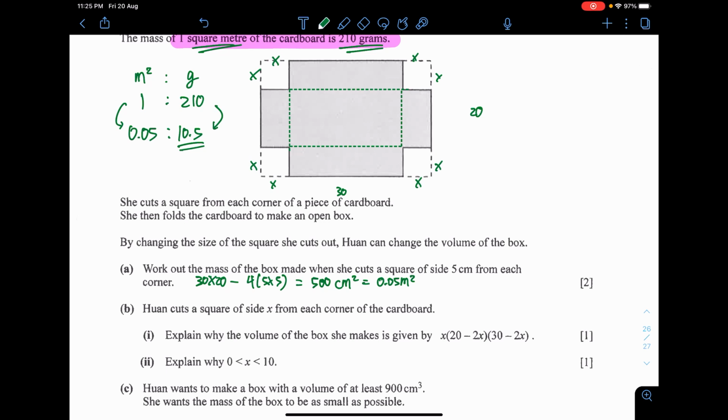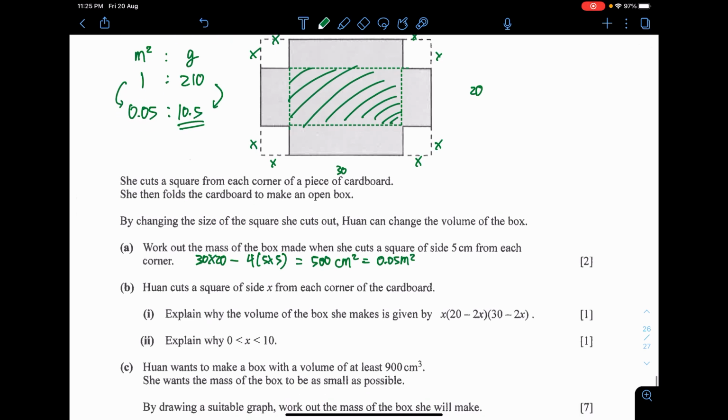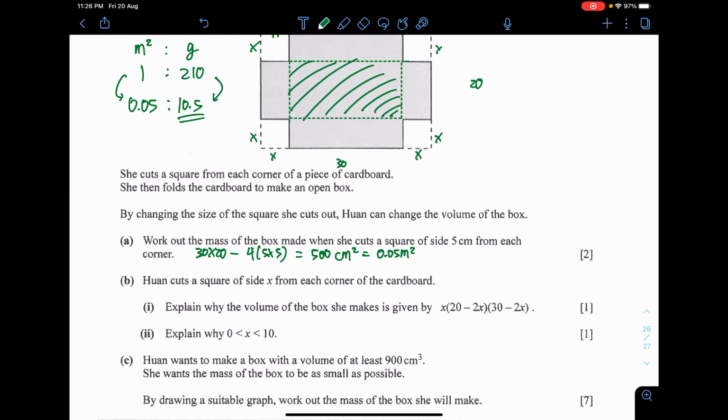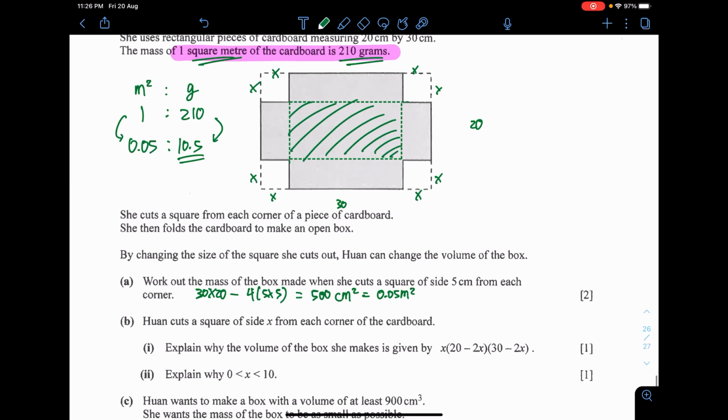Now let's see that. I'm shading the area here, pay attention. This thing here will become the base of the box, because the other rectangles that I didn't shade are going to be folded up, standing, and become the walls of the box. So the base of the box.